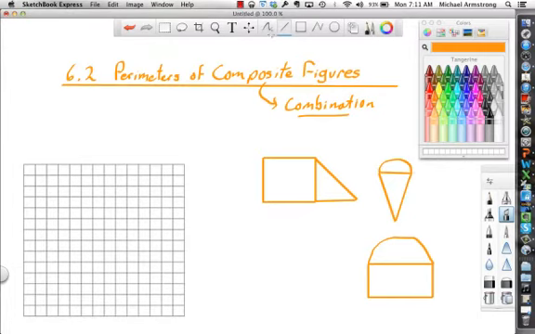Now, the first thing that we start off with is a picture of an arrow. And I'm just going to draw one and hope it turns out all right. It won't be perfect, but it'll be close.